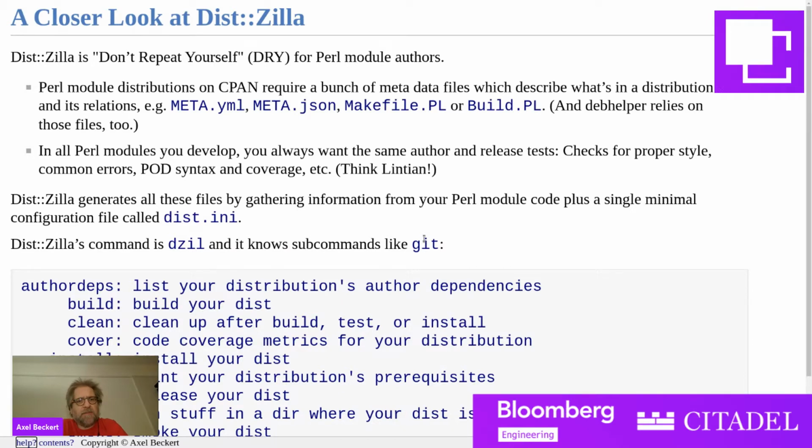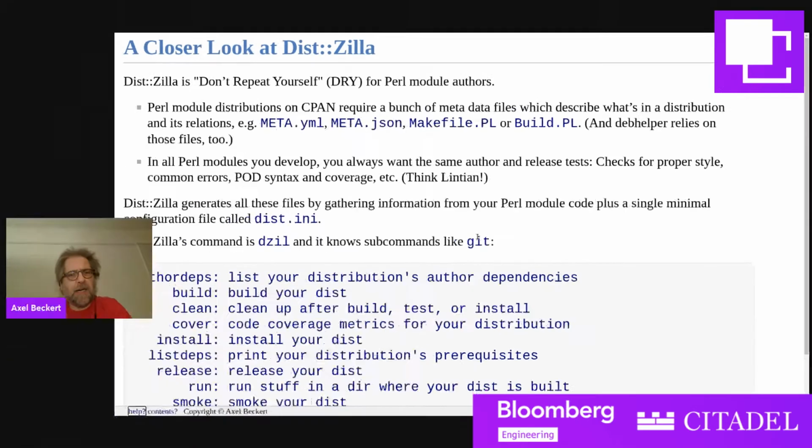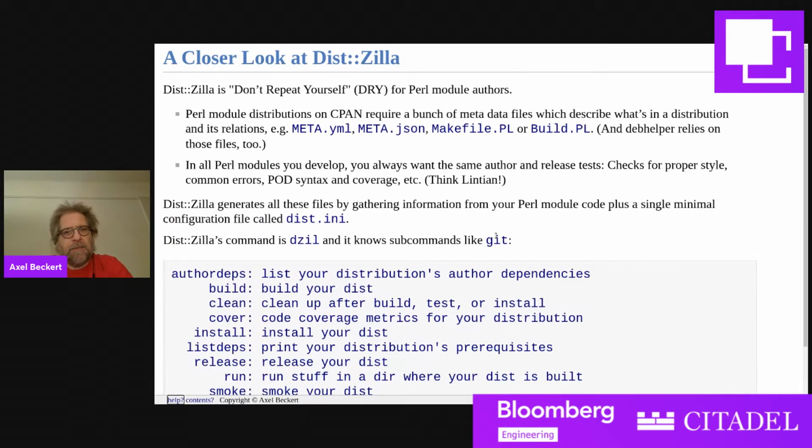So CPAN requires a few files to display metadata on the website, to know what dependencies are required, etc. And on the other hand, you need those build scripts, either Makefile.PL with capital PL or Build.PL. Those are two different systems, but basically work the same. It's comparable to the configure script of typical C projects, and debhelper relies on them too.